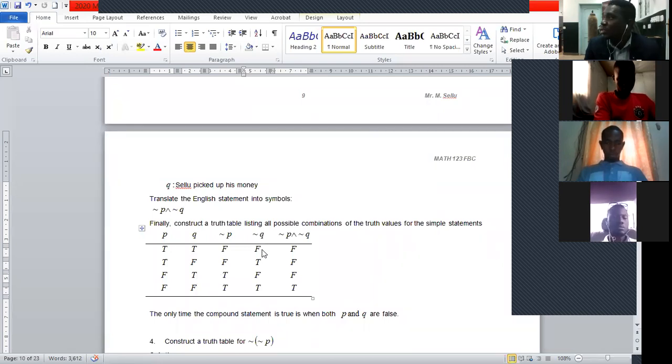The negation becomes false, true, false, true. That's the negation of Q. So I took the negation of P and I took the negation of Q.